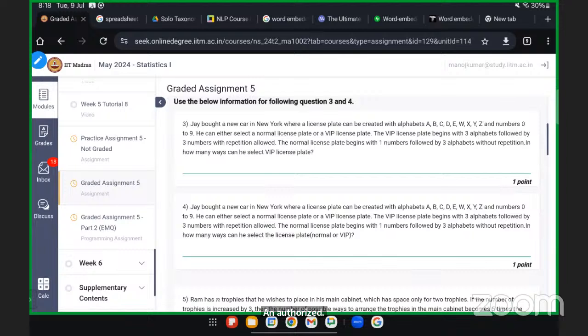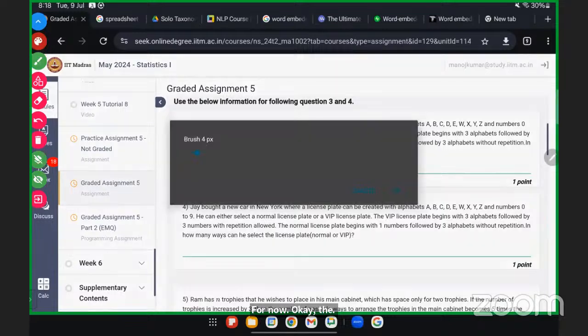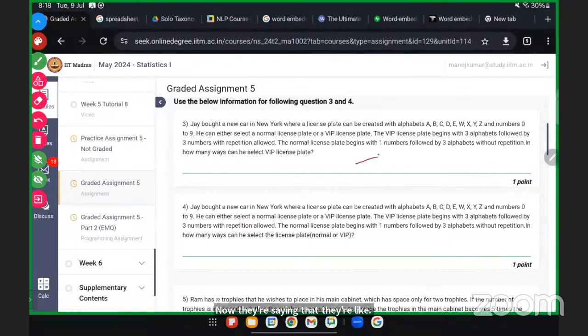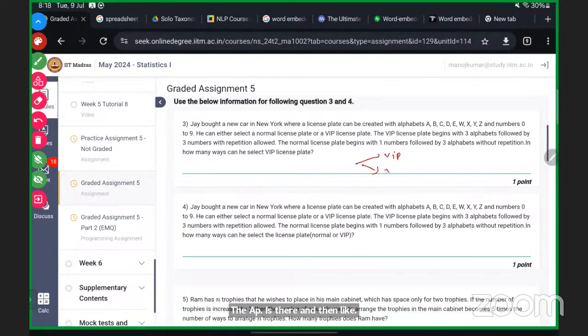So now they're saying that VIP is there, and Normal is there. The VIP license begins with 3 alphabets followed by 3 numbers.